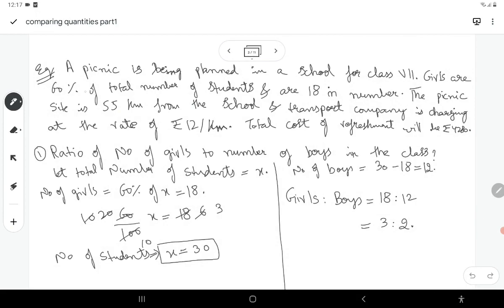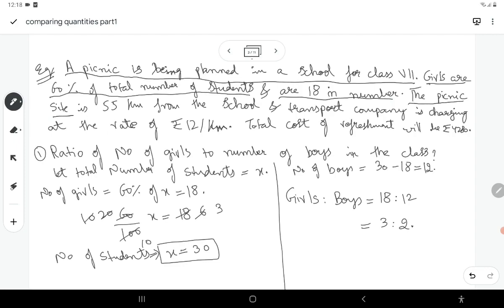Let's see another example based on this concept, which is an application. It is said a picnic is being planned in a school for class 7. Girls are 60% of the total number of students and are 18 in number.